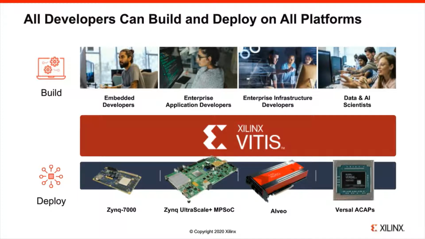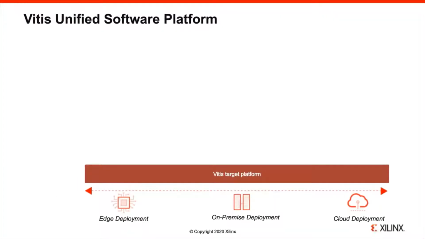Now let's zoom into this red block that you see on the slide, labeled Vitis, and understand what are the different components of the software platform that enables you to leverage Xilinx devices without having to program in RTL. Let's start at the very bottom of the stack.